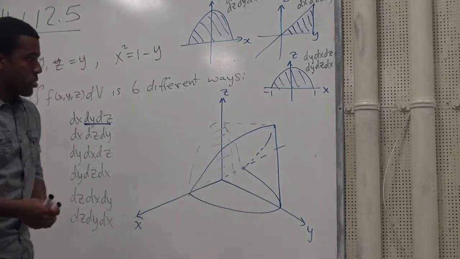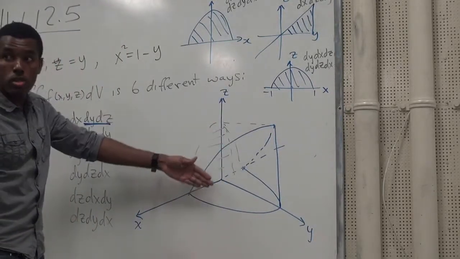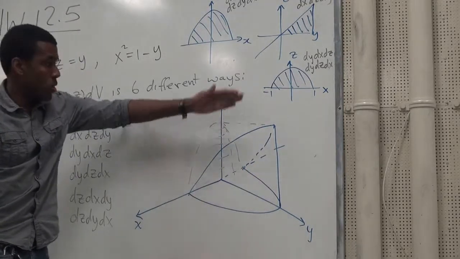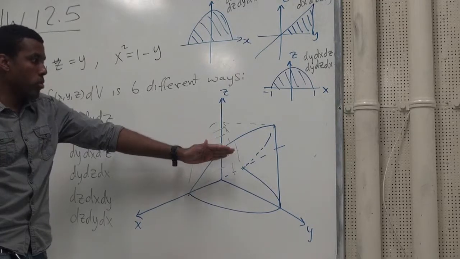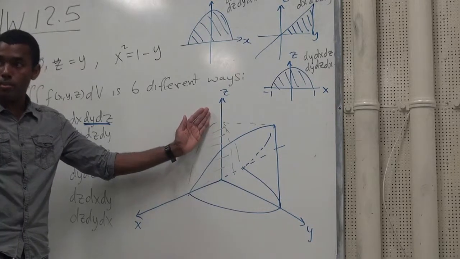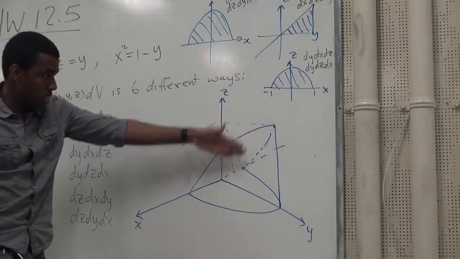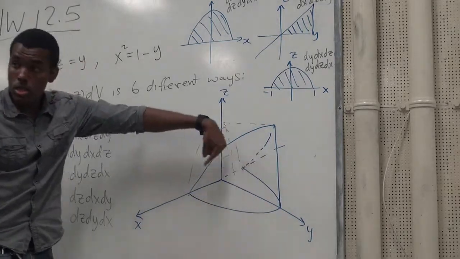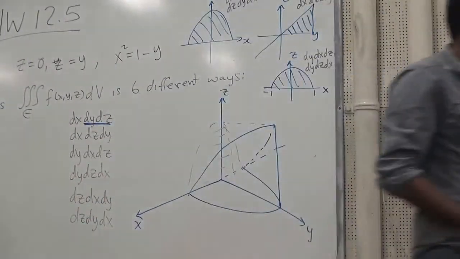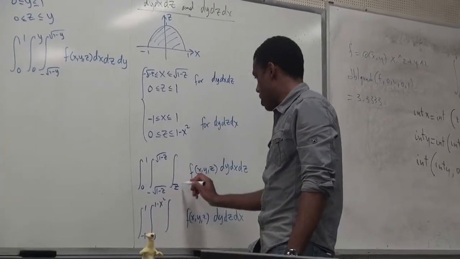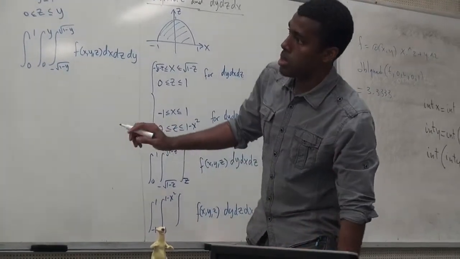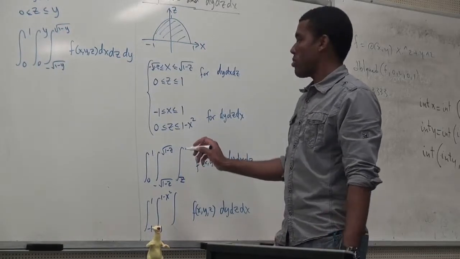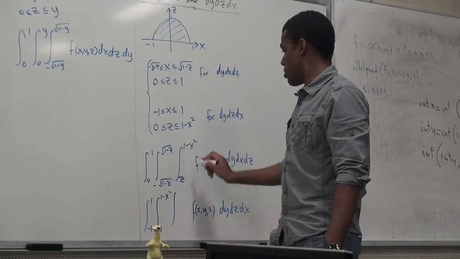Which means my y is going to be described by the bottom surface and the top surface. What's the bottom surface? Bottom surface is at 0. No, if it was 0, it would be on the xz plane. I'm sorry, you're right. It's z. The bottom surface is the z. The top surface is the parabola, the parabolic cylinder. So this would go from z up to the parabolic cylinder, which is, what is it? 1 minus x squared.